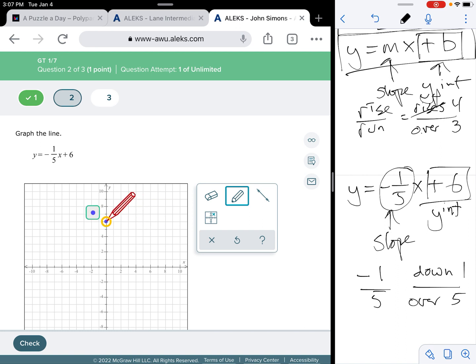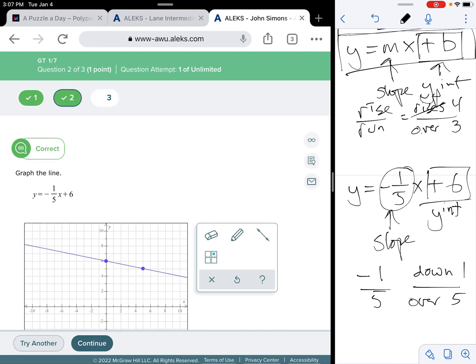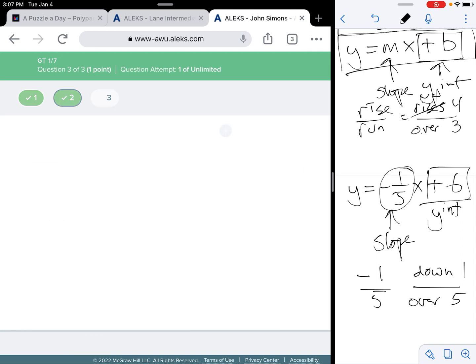Let's do that one more time so you can see it. Down 1 and then over 1, 2, 3, 4, 5. Put your dot. Grab the line tool, put it up there, click check, and that's looking good.